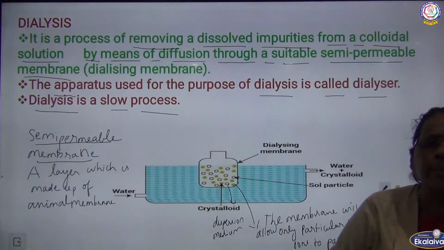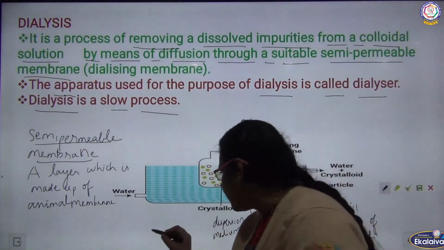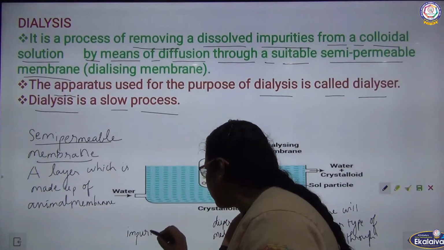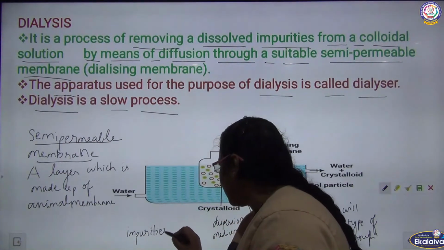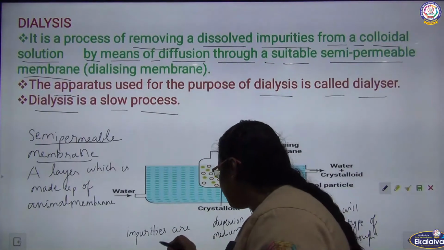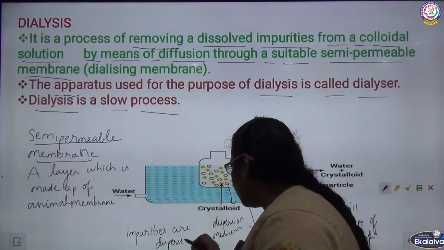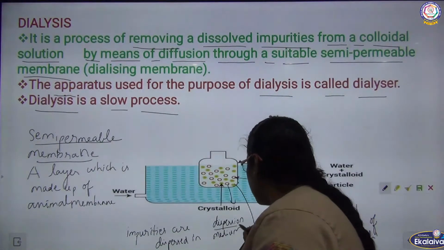The impurities are dispersed in the dispersion medium, water. Water is kept as the dispersion medium here.